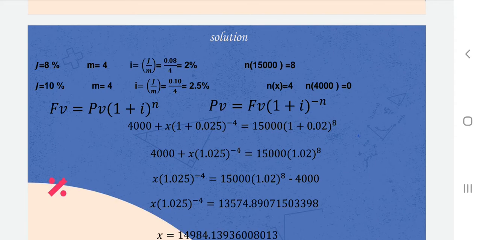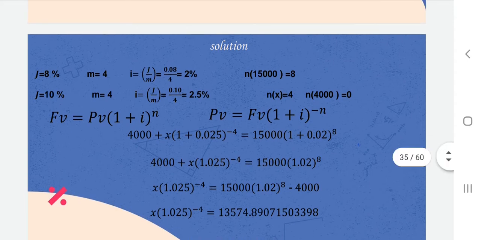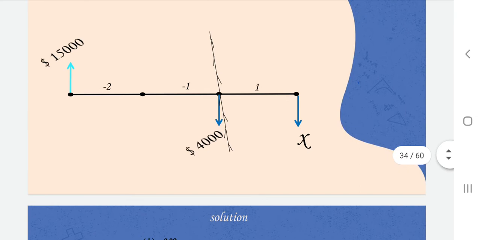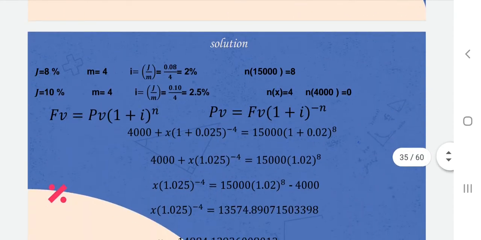J for old obligations equals 8%, M equals 4, so I equals 2%. M for $15,000 equals the time, 2 years, 2 times 4 equals 8. And for the new obligations, J equals 10%, M equals 4, I equals 2.5%.